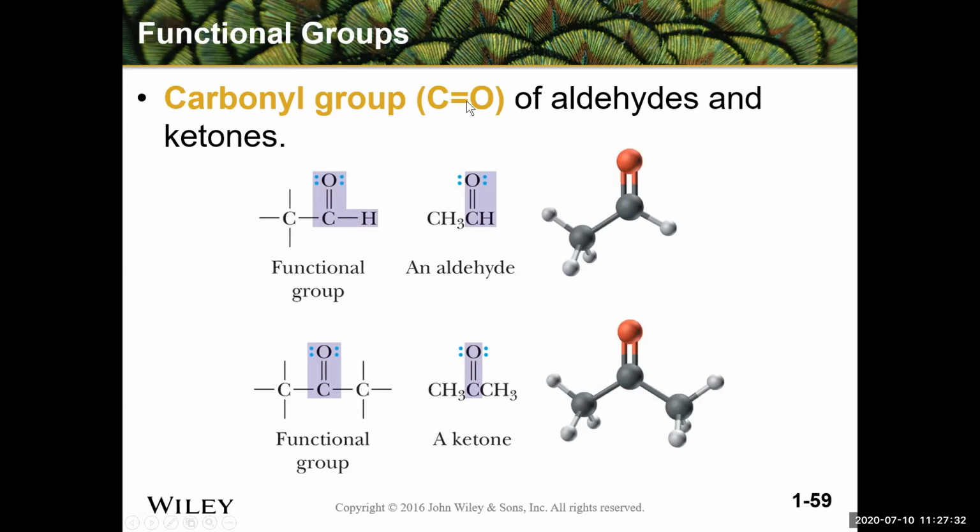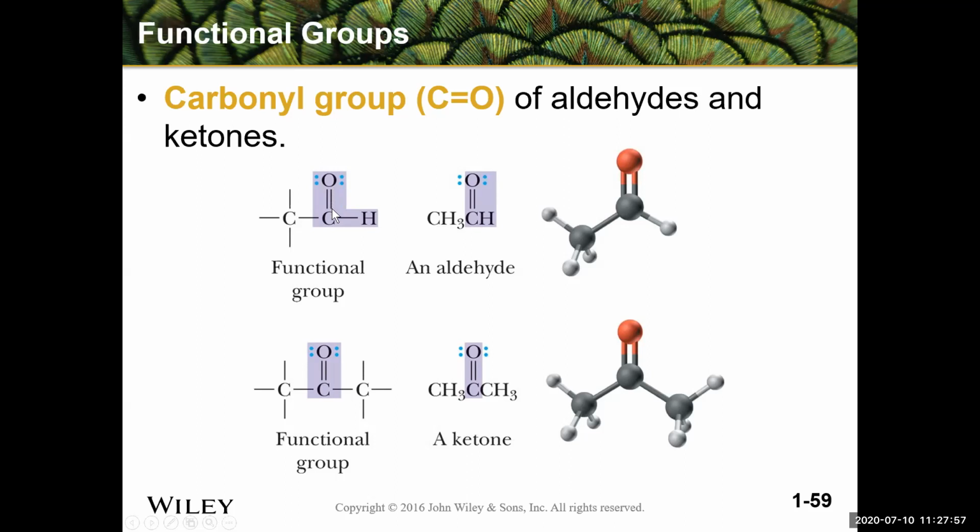There are two classes of organic compounds containing this carbon-oxygen double bond, and those two classes are aldehydes and ketones. In an aldehyde, you have the carbonyl carbon and the carbonyl oxygen.